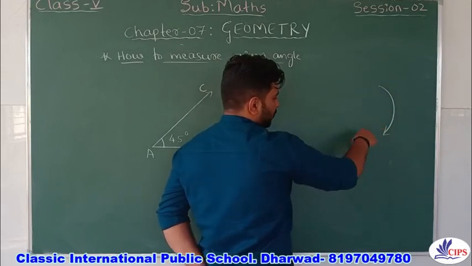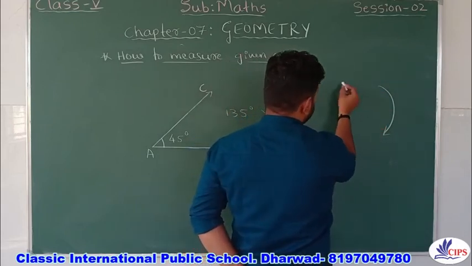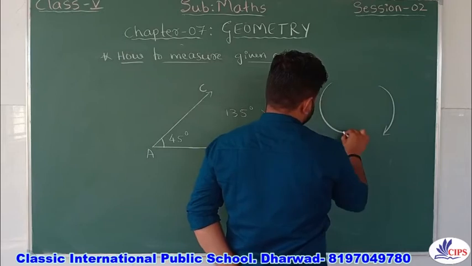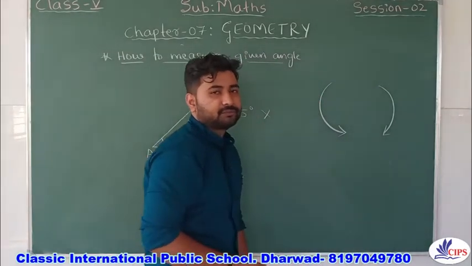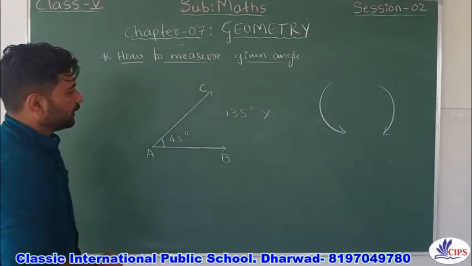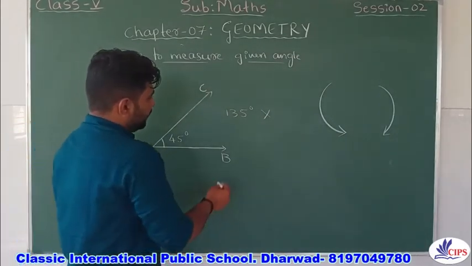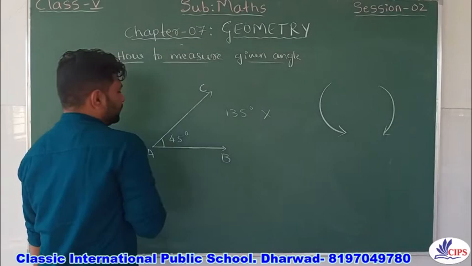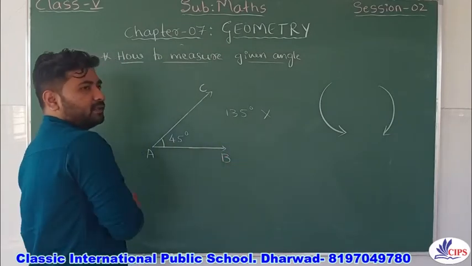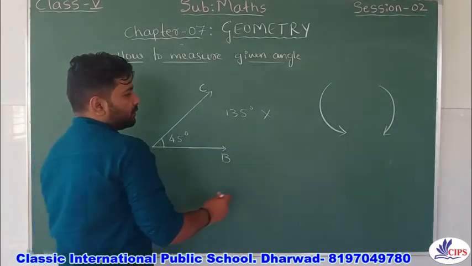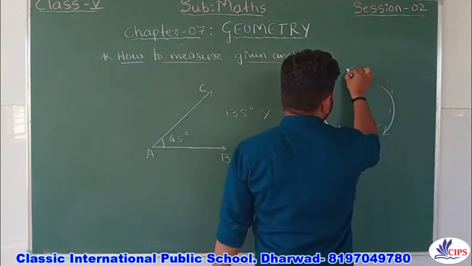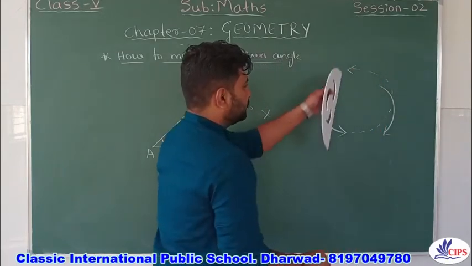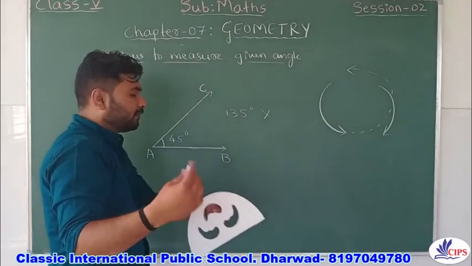In this way, the clock runs. Anti-clockwise is the opposite of the clock direction. Okay, now see, right to left is always anti-clockwise because it goes and comes like this. So this becomes anti-clockwise. Okay, whatever.